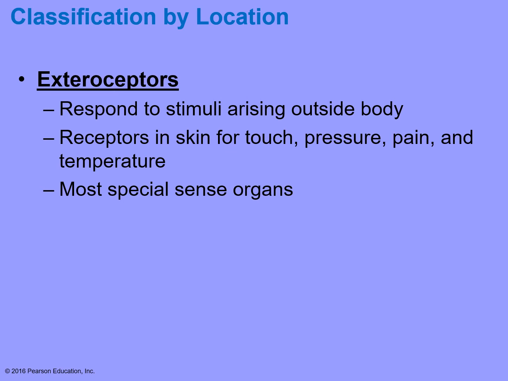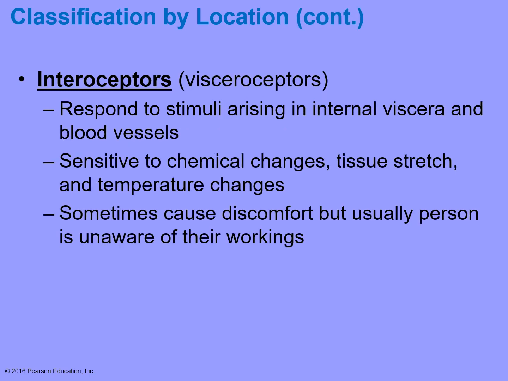Classification by location: exteroceptors respond to some stimulus that's coming from outside the body. Temperature, touch, most of your special senses, such as vision, hearing. Interoceptors or visceral receptors are responding to stimuli internally.